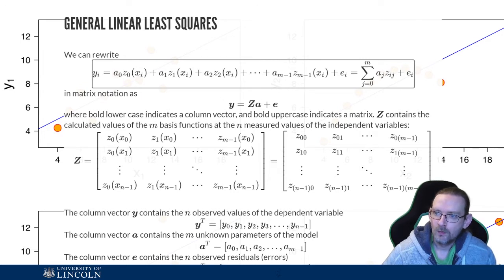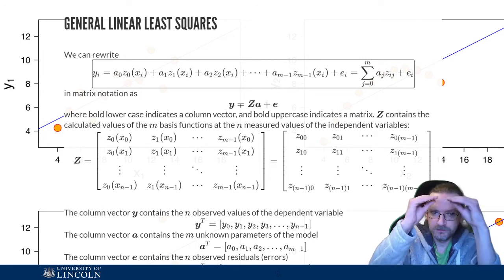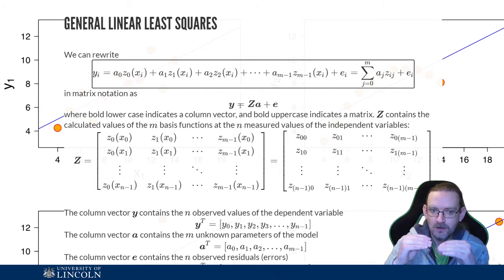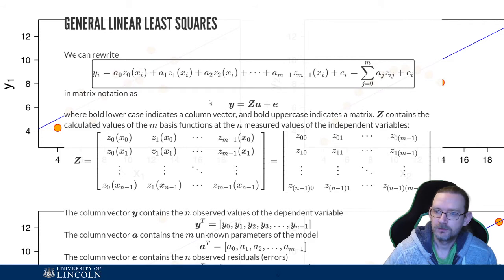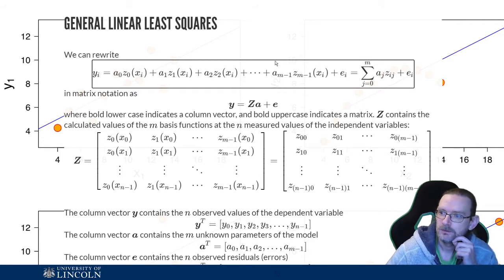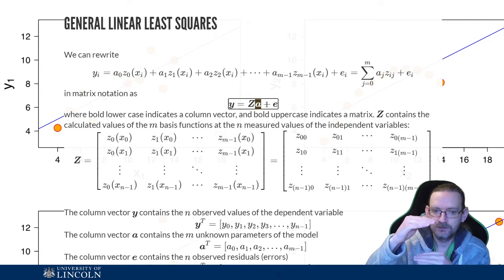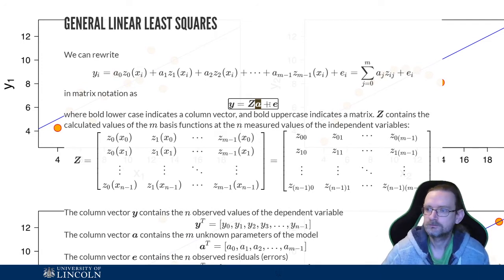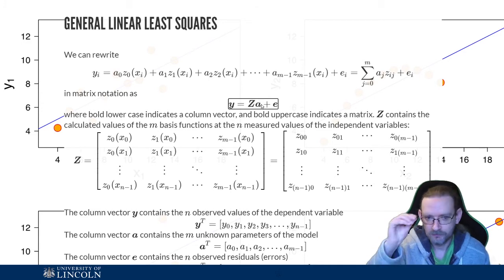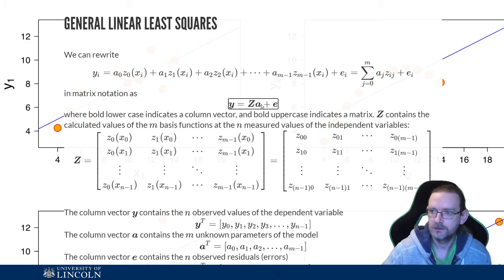So in general, we've got y. So the y contains my list of the different measured values at different x values. The A is a smaller matrix in general that contains the parameters of the model. Our A's, so A0, A1, A2, A3. And then the Z, if I look at what I've got here, it's going to be like this.